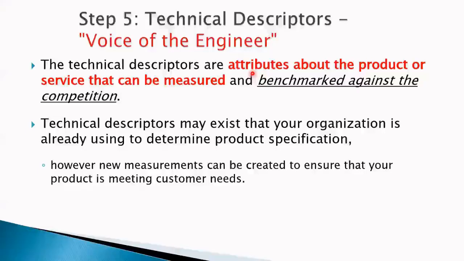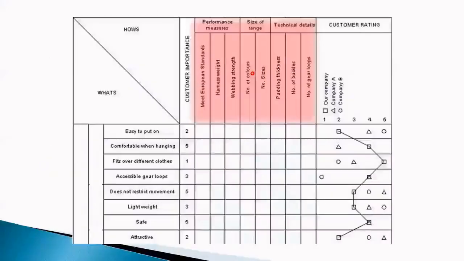On the other hand, there is a relationship between the customer's voice and the engineer's voice. That's why we position those information here, so we can take the relationship between those two. That's why we have kept a separate area for that.